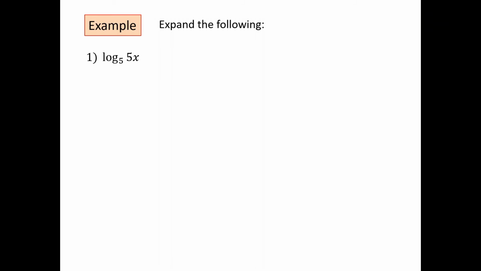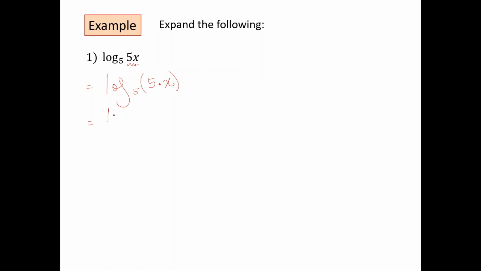Example number 1, expand the following. To expand log 5x base 5, first look at the 5x. So 5x I can write as 5 times x. So 5 times x in the bracket, we will apply law number 1.